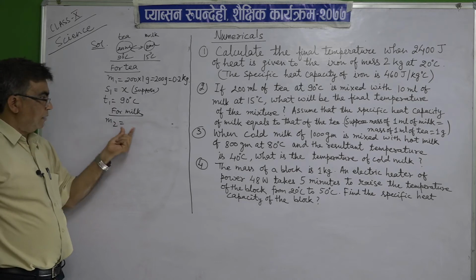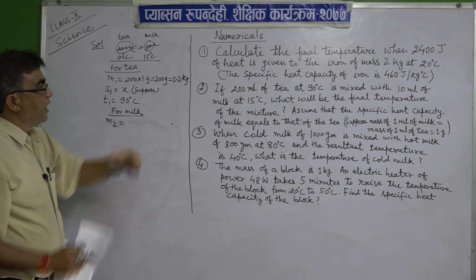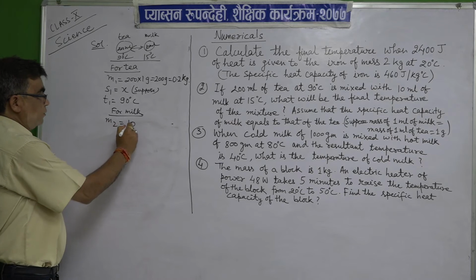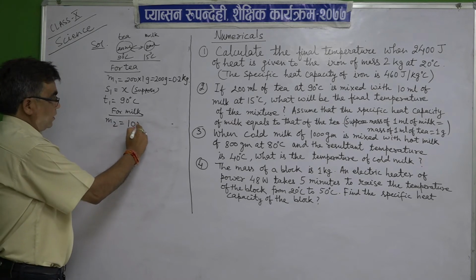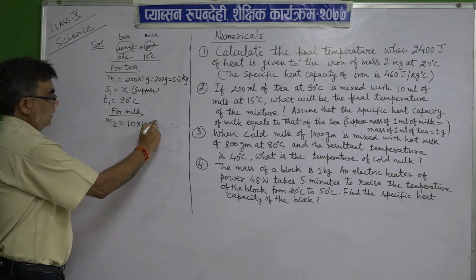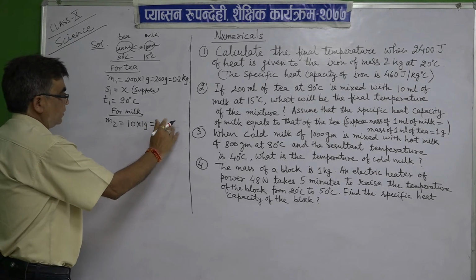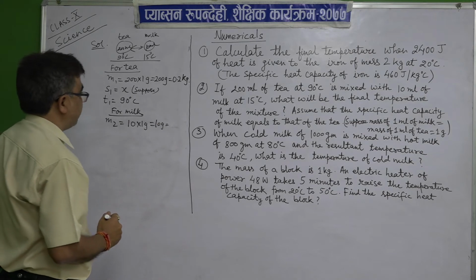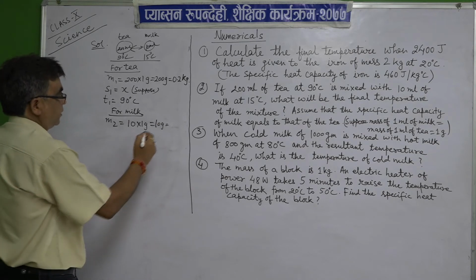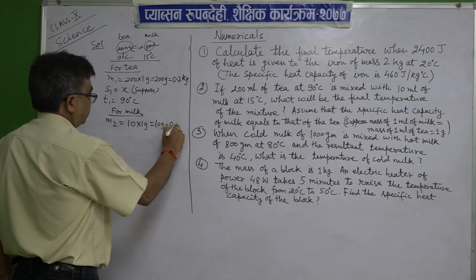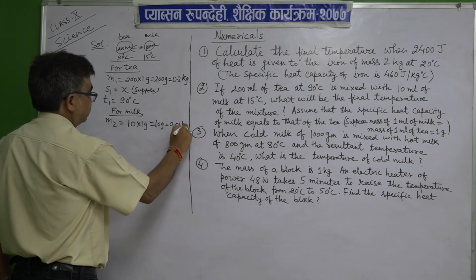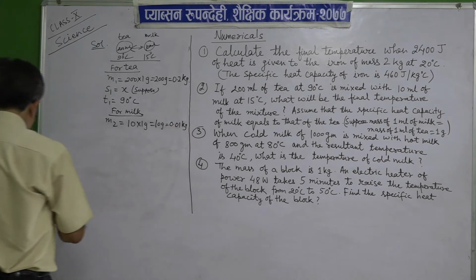So, M2 equals 10 ml. 1 ml equals 1 gram, so 10 ml equals 10 gram. You have to divide it by 1000, it will come 0.01 kg. Clear?